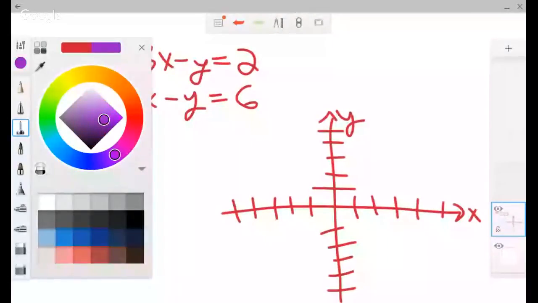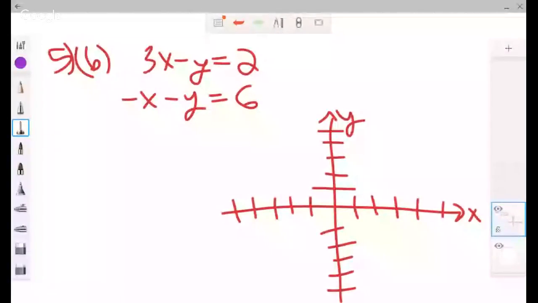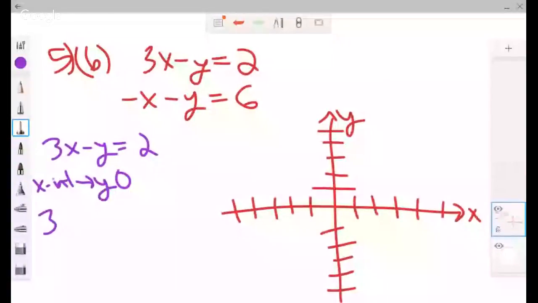So let me show you guys a tip to do this a little bit quicker. So if I'm looking at 3x minus y equals 2, if I want to find the x-intercept, well, that means that y is 0. So if I plug in y is 0, the y goes away and I get this. And if I solve for x, I get 2/3. So the x-intercept is at 2/3 comma 0 for this purple line.